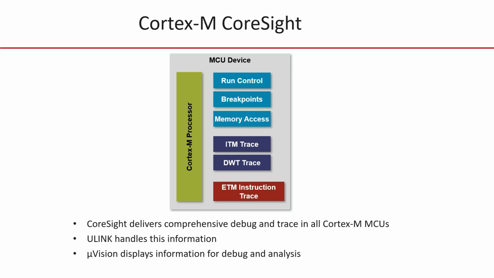So the earlier JTAG was just really a way of inserting instructions into the processor so we could build up debug features. CoreSight's completely independent. It can debug in and out of low power, which is another nice feature as well. So we can put the Cortex processor to sleep, but the debug architecture keeps working.